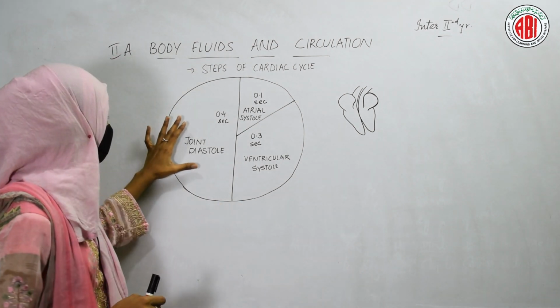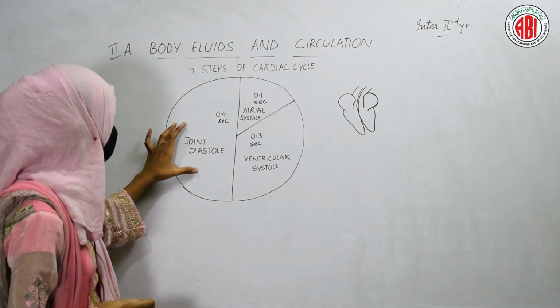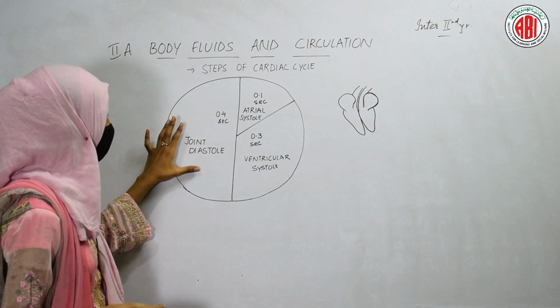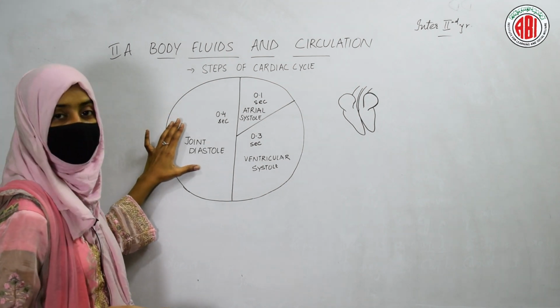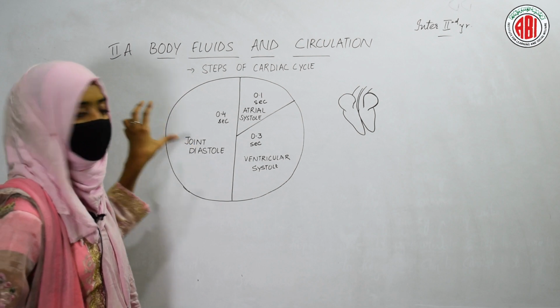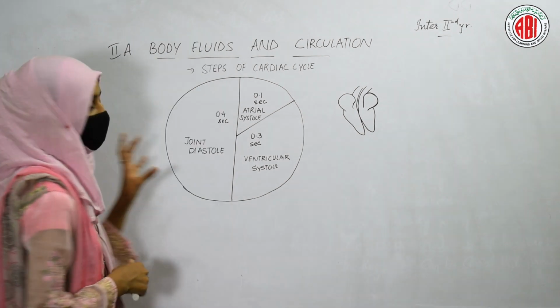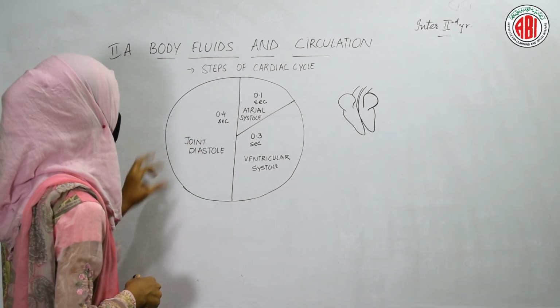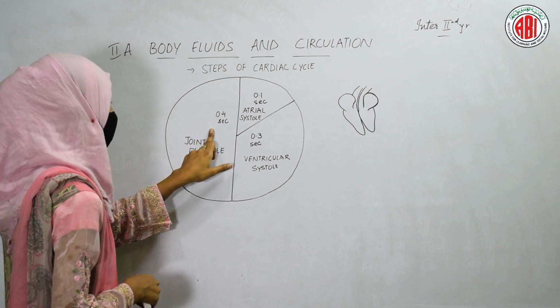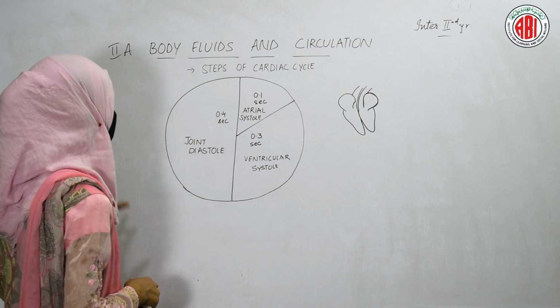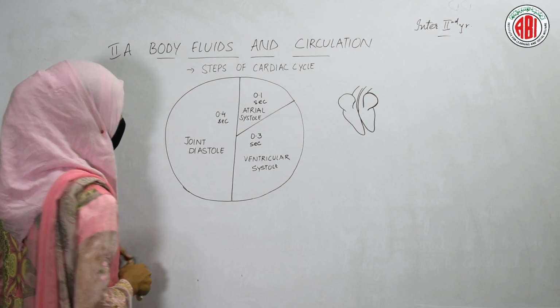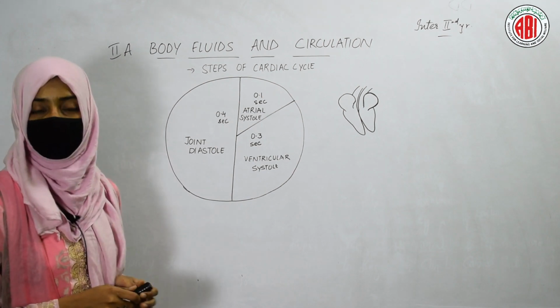So here is a pie chart that shows you the different steps involved in the cardiac cycle and how much time each step will take. Let us see, out of 0.8 seconds, 0.4 second is the time period in which joint diastole takes place. So what is the meaning of joint diastole?